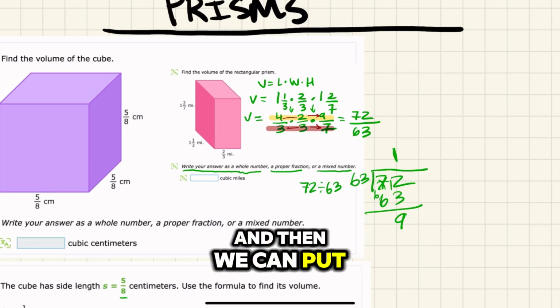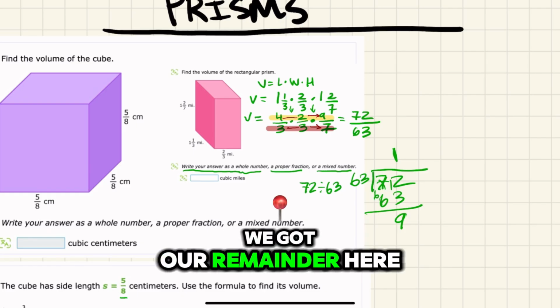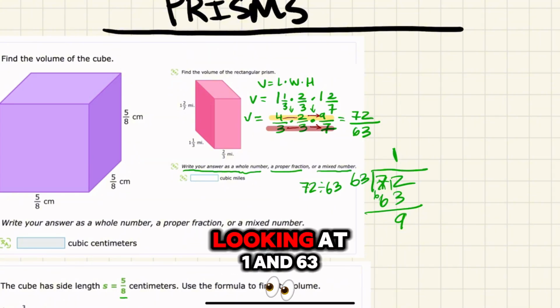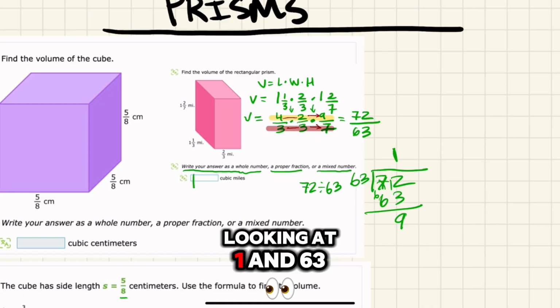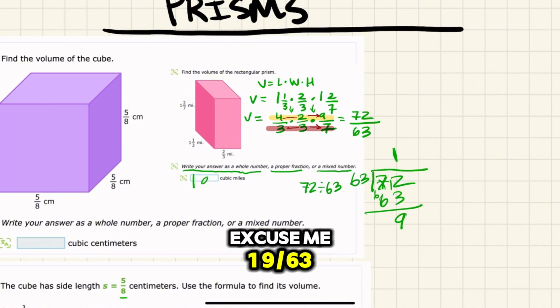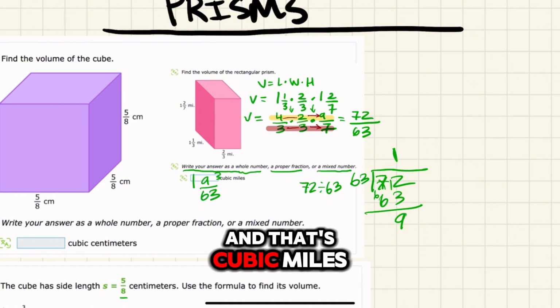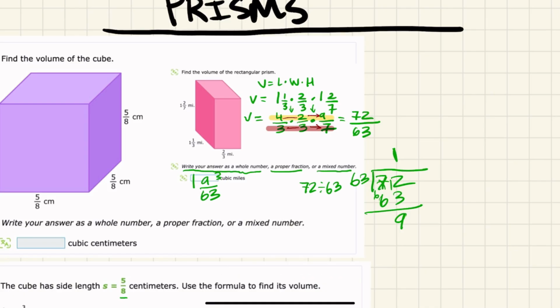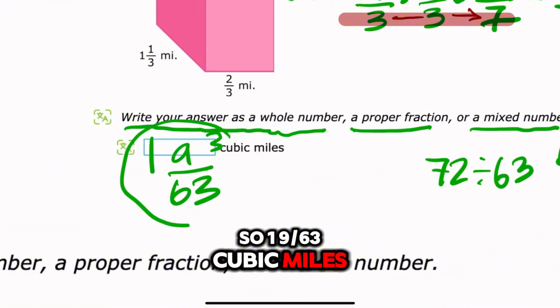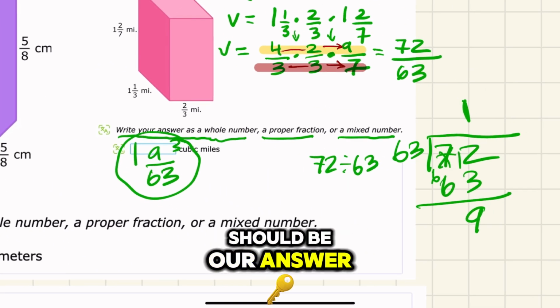And then we've got our remainder here, and we've got our whole number here. So we should be looking at 1 and 9/63, and that's cubic miles. So 1 and 9/63 cubic miles should be our answer.